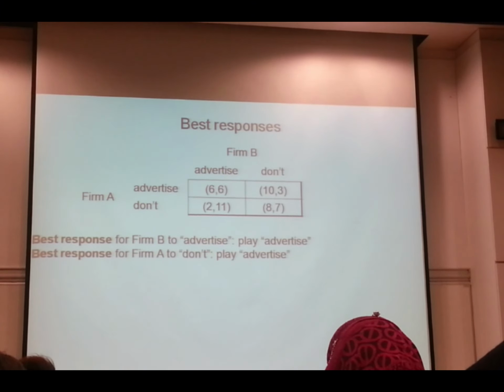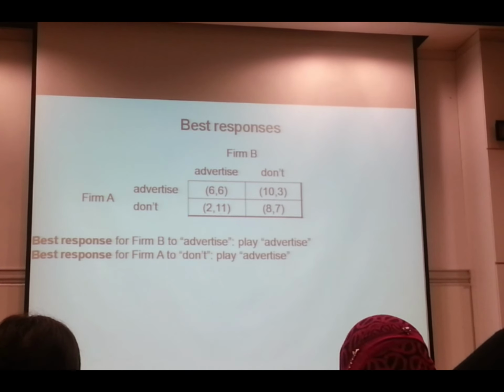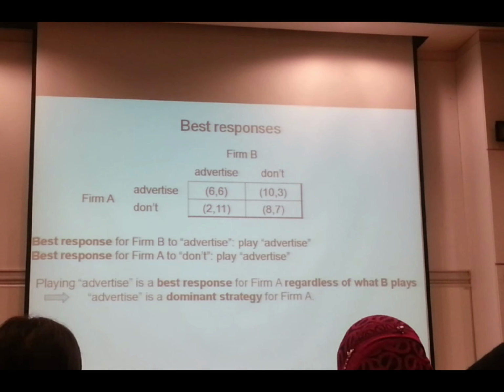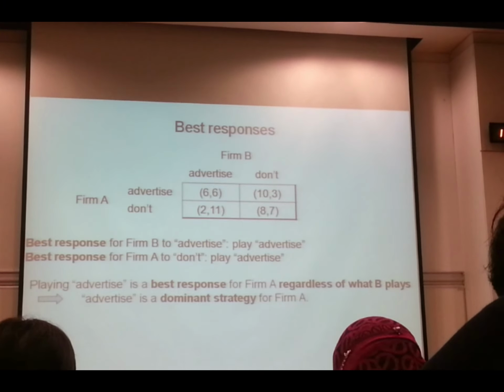For the best response of firm A to firm B not advertising, that means firm B chooses the right column, then firm A can choose to advertise and get 10, or not advertise and get 8. So firm A's best response is to also advertise. In fact, if we look for firm A's best responses, we'll find that advertising is the best response for firm A regardless of what firm B plays.